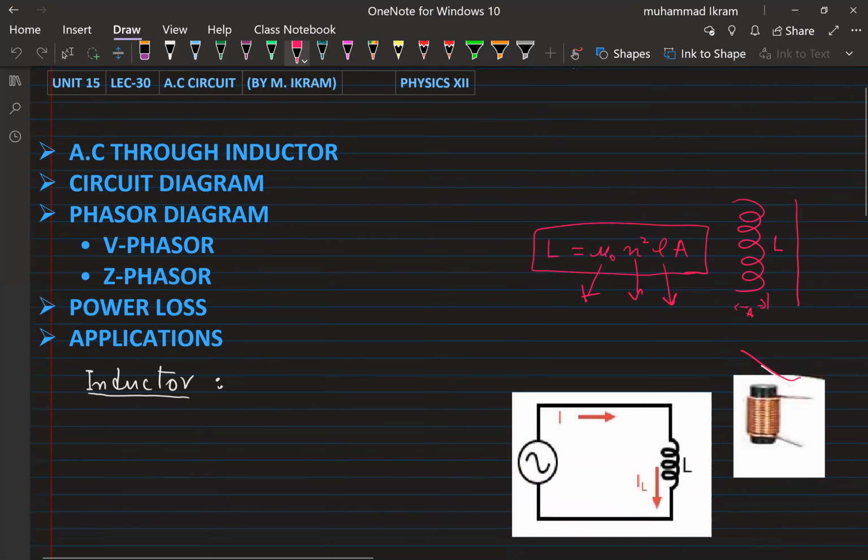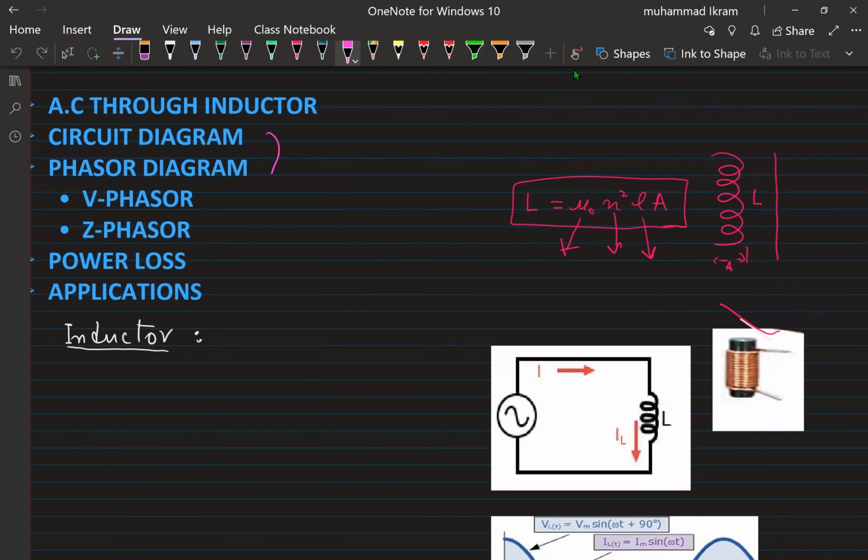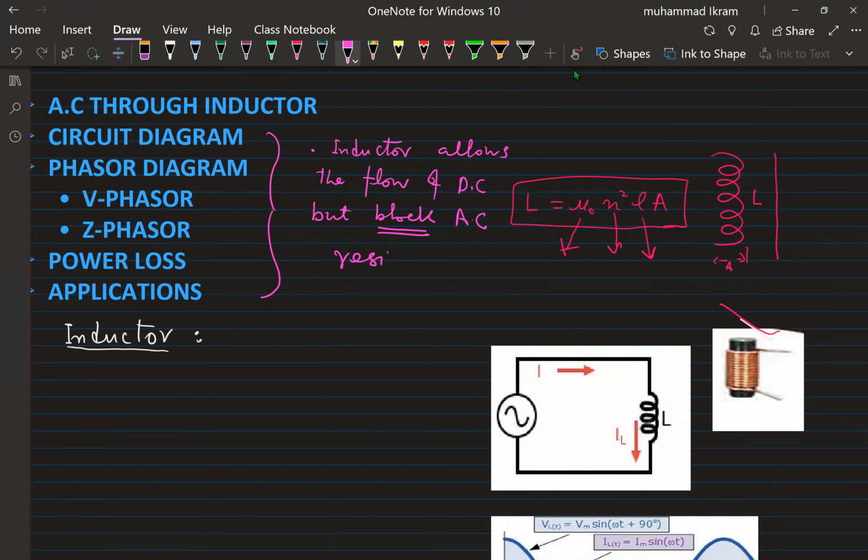One important point right from the beginning, which you must note down: an inductor allows the flow of DC, direct current, but blocks AC. By block I mean resists.